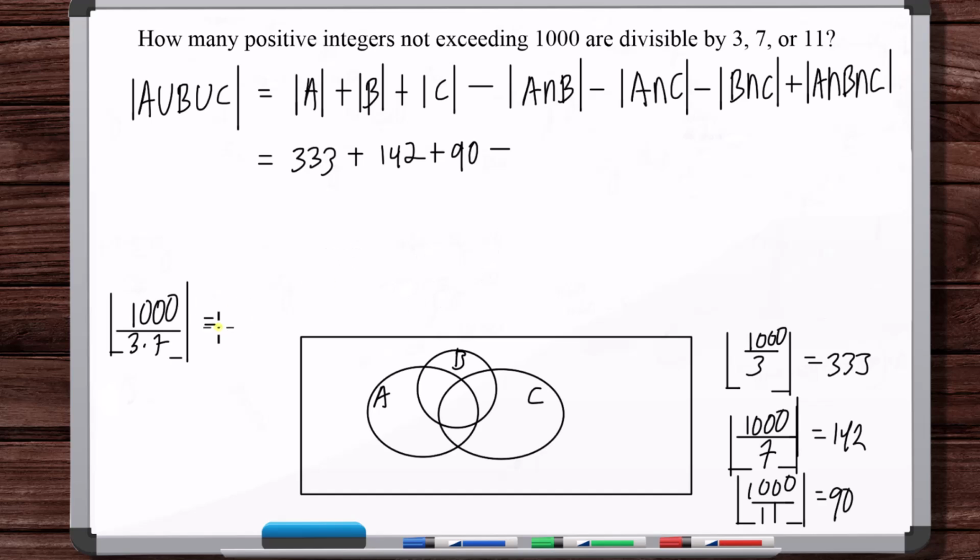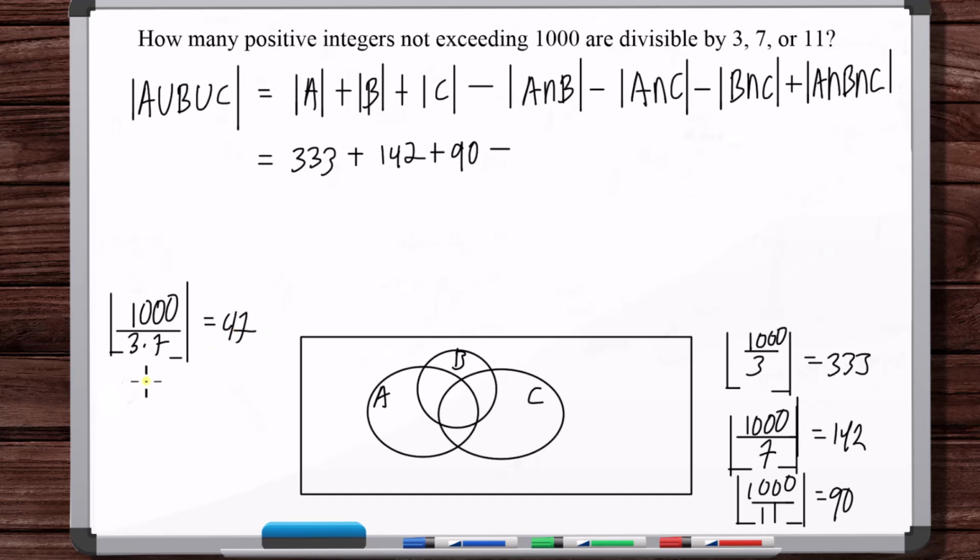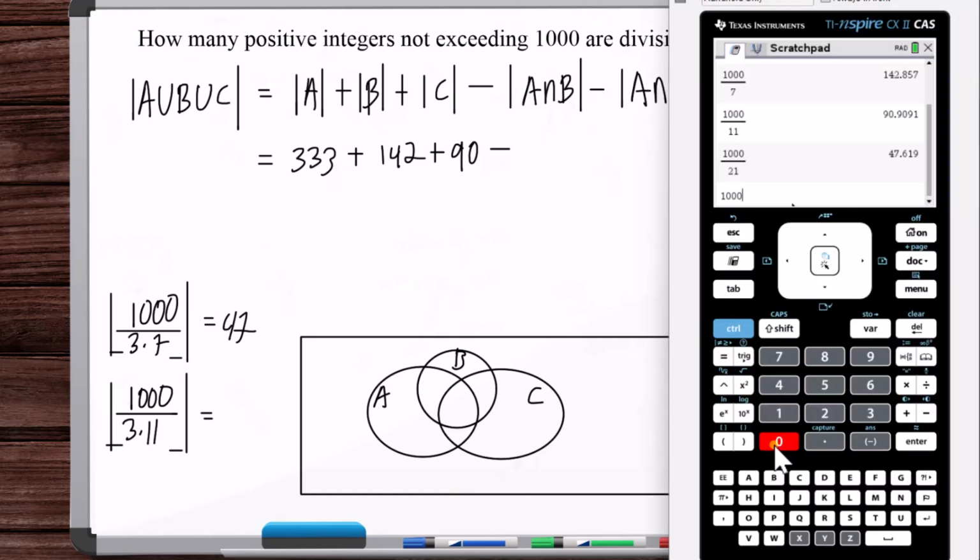All right, so 1,000 divided by 21 is 47. Okay. Now A intersection C, so 3 times 11: 1,000 divided by 33 is 30.